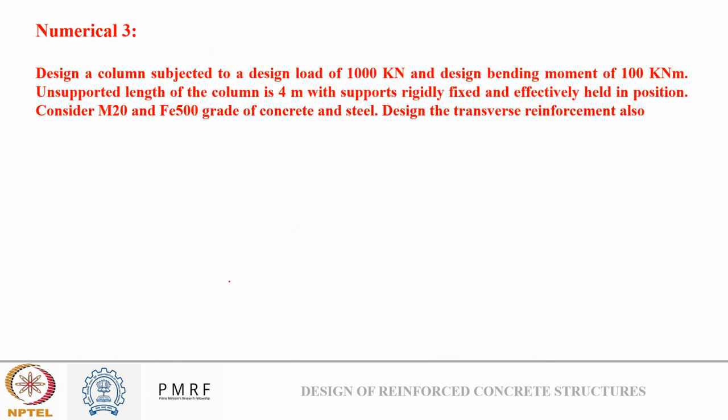I had one numerical on this also, like how to design, but let's take this numerical in the next class, because today it will be easier for you to go through the axially loaded short column design first, and then we will see this question, so that things are more clear to everyone.